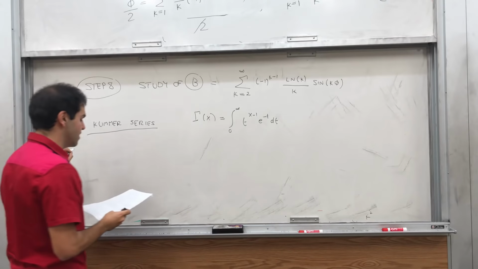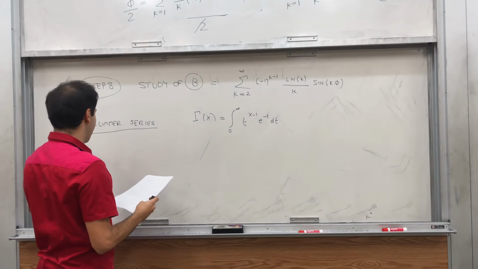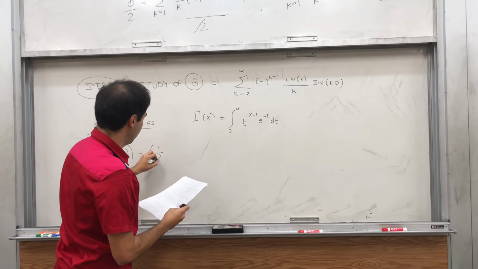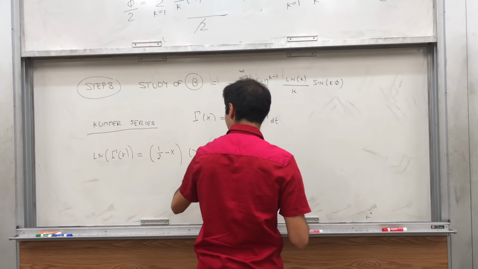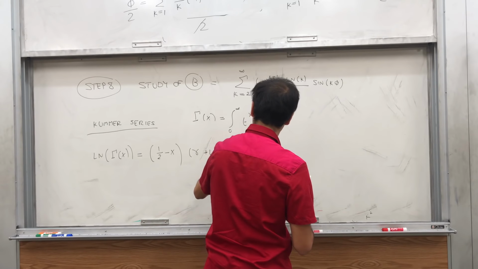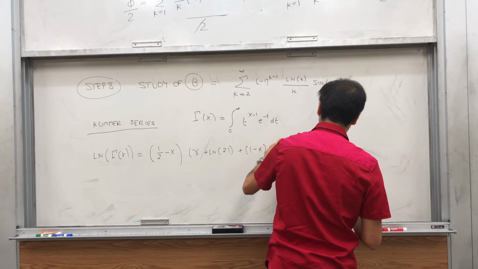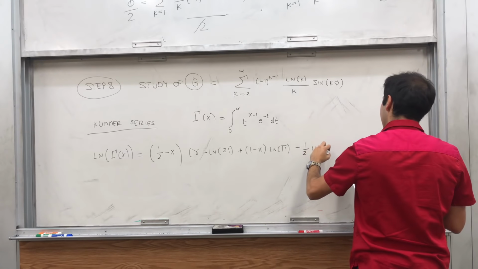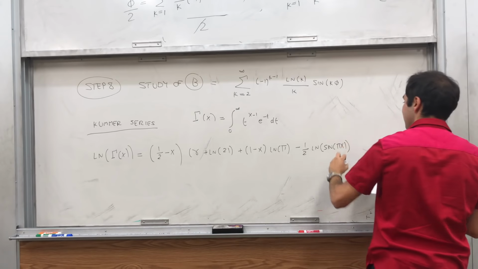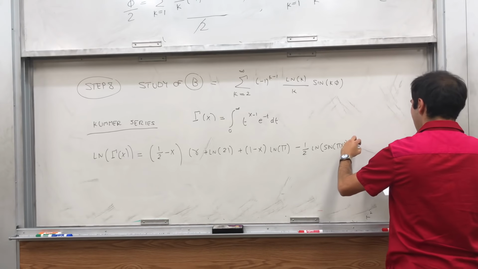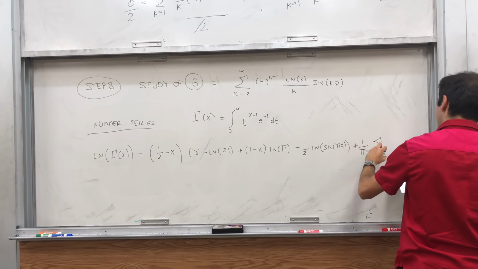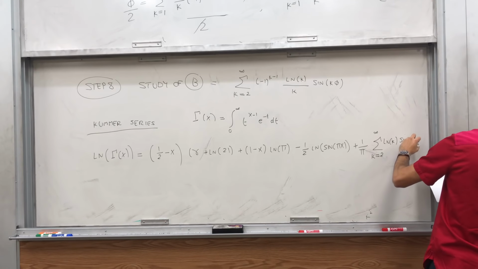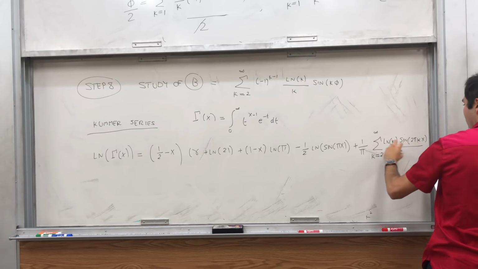What the Kummer series says is that you can expand out ln of the gamma function in terms of a series: 1/2 minus x times the Euler-Mascheroni constant plus ln of 2, plus 1 minus x times ln of pi, minus 1/2 ln of sine of pi x, so that's like the term with k equals 1, and 1 over pi times the sum from k from 2 to infinity of ln of k times sine of 2 pi kx over k.